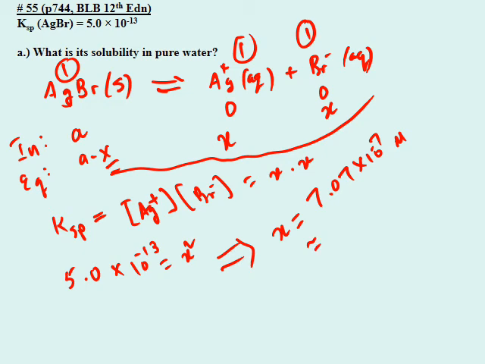I can approximate that to 7.1 times 10 to the negative 7 molar. So this is the solubility, the amount of solid that has gone into water solution. And when it goes into water solution, it breaks down into silver plus and Br minus. So the answer to this question is that the solubility in pure water is 7.1 times 10 to the negative 7 molar.